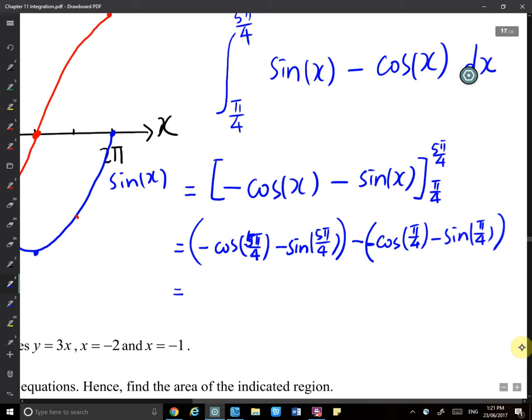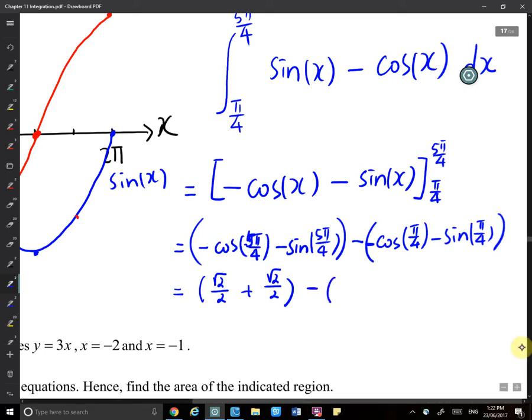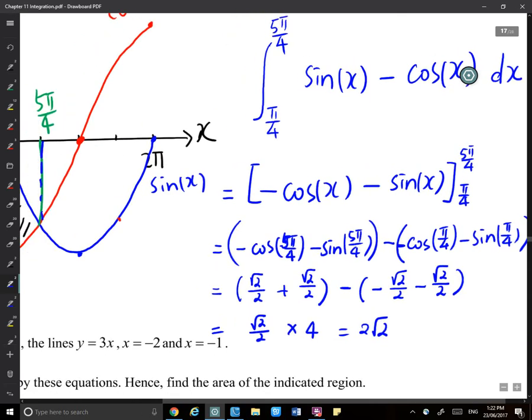What you have here is root 2 over 2, and this is plus root 2 over 2, because both cosine 5 pi over 4 and sine 5 pi over 4 are negative root 2 over 2. You have a negative sign in the front that becomes positive root 2 over 2. And subtract, bracket, minus, cosine pi over 4 is root 2 over 2, minus that.